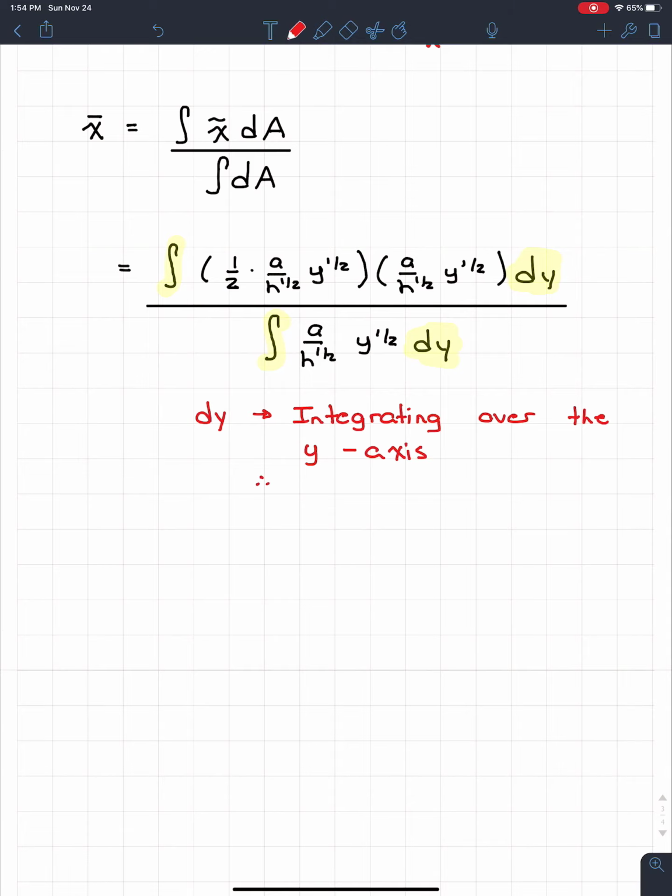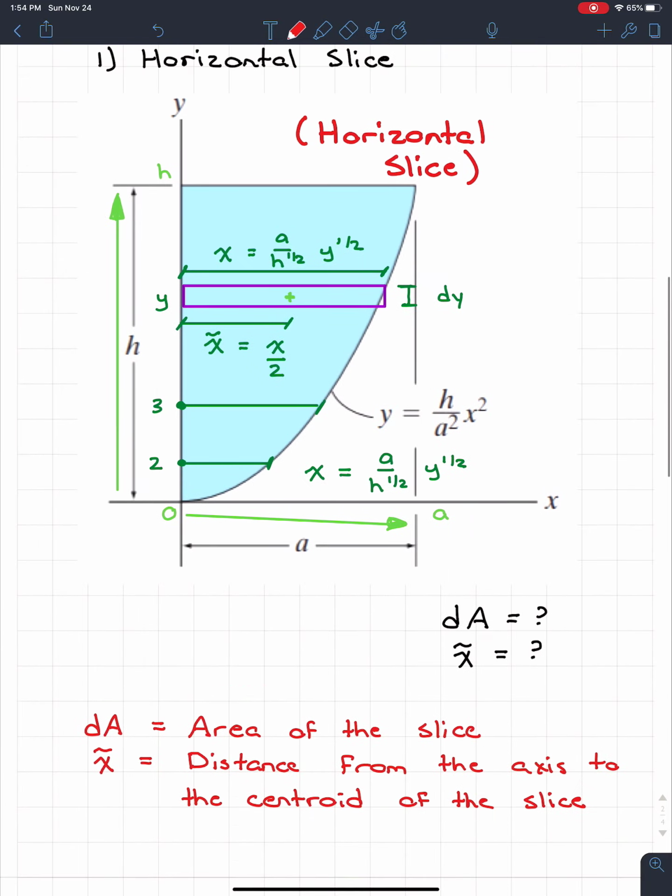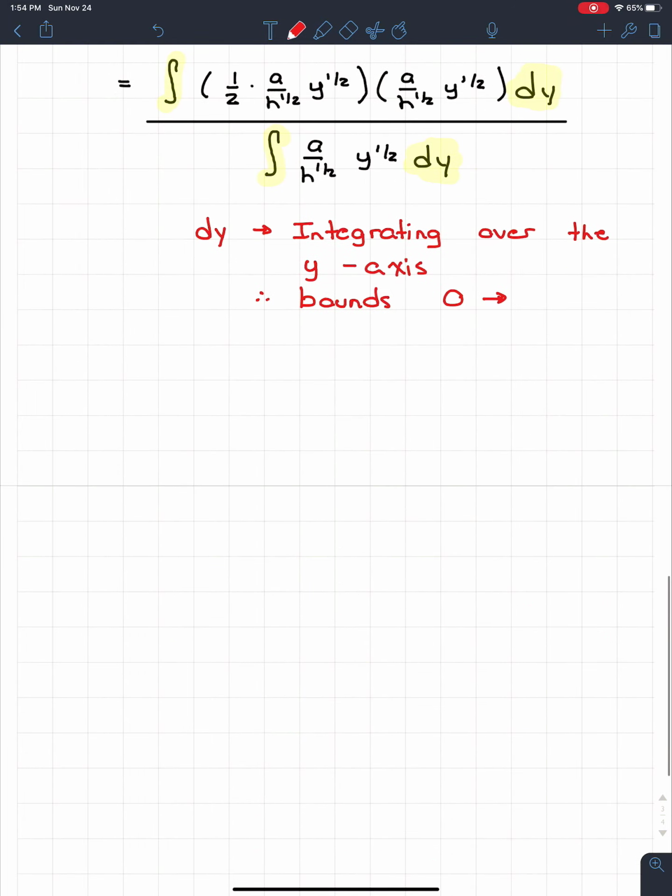So therefore, my bounds in this case, if I'm integrating over the y-axis, I'm going from 0 to, and I look at my y-axis up here, I'm going from 0 to h. So what this means is I'm integrating from 0 to h in this case.